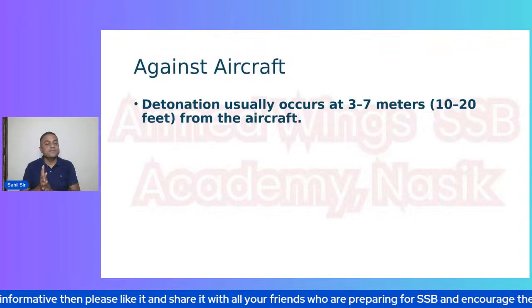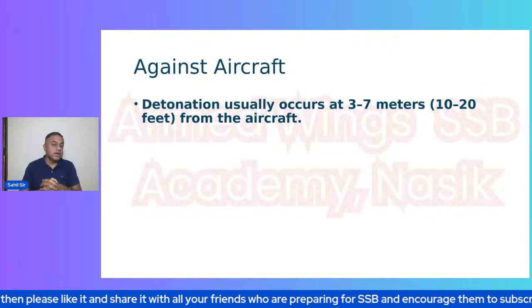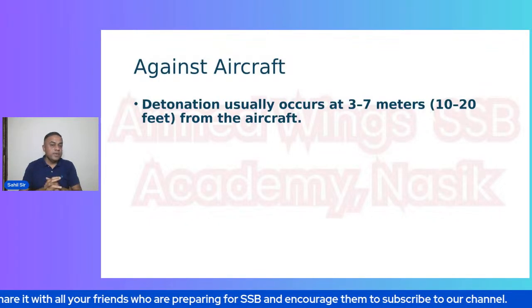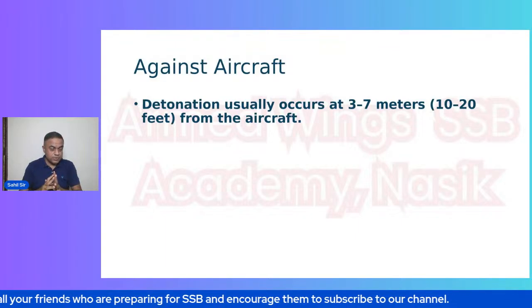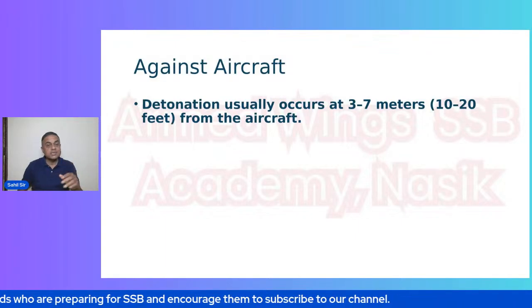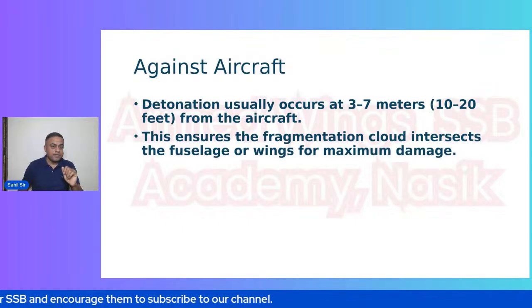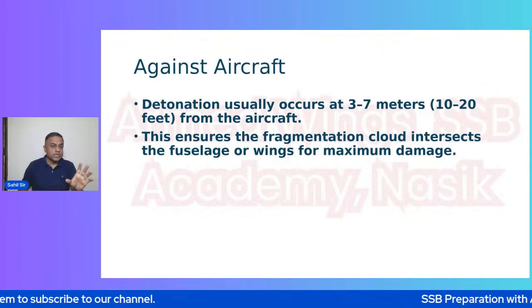For instance, if you are targeting an aircraft, the detonation usually occurs at around 3 to 7 meters from the aircraft. This distance ensures that maximum damage is caused to the aircraft. This ensures the fragmentation cloud intersects the fuselage or wings for maximum damage.